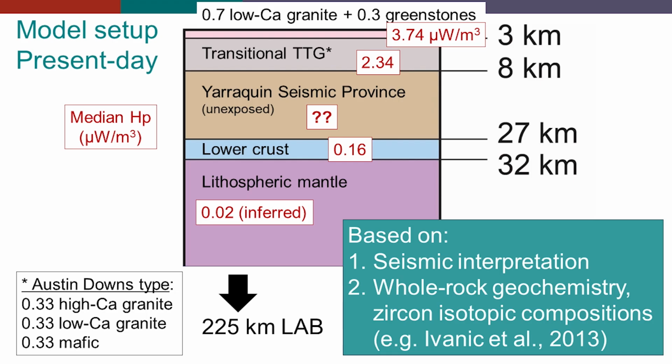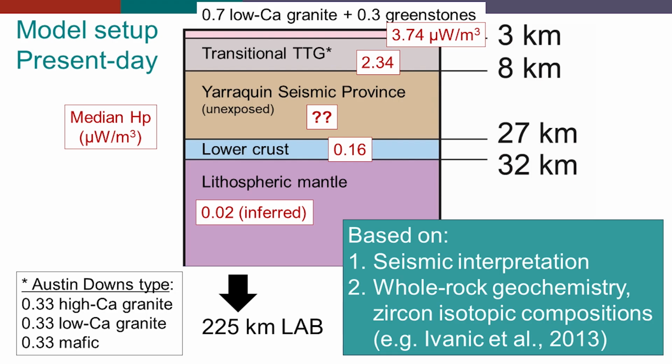We've got a thin layer at the present day of low calcium granites with a bit of greenstone sitting on the top. We've got the transitional TTGs, which is kind of the Austin Downs Supersuite, which I represent as a mix. And then we've got this vast tract of unexposed material in the mid-crust, which we've called the Yilgarn seismic province. Okay, this is not exposed anywhere on the surface that we're aware of. So this is quite a big unknown.